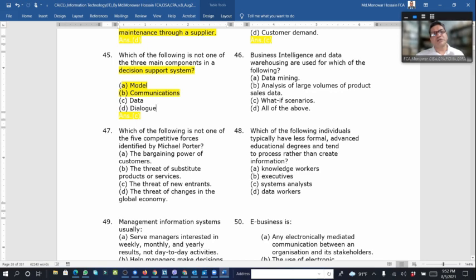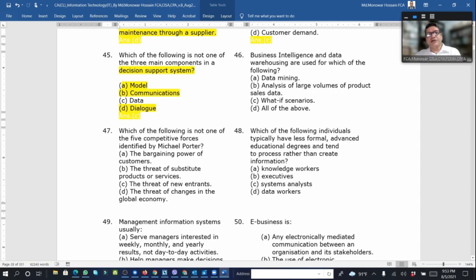Model, communication, and dialogue are also part of it. So the answer is C, data. Data is a component but not a main component. The decision support system depends on data also. The answer is C.